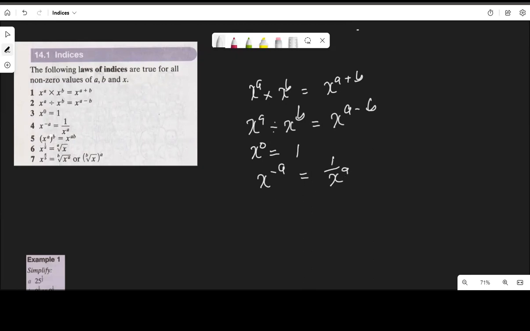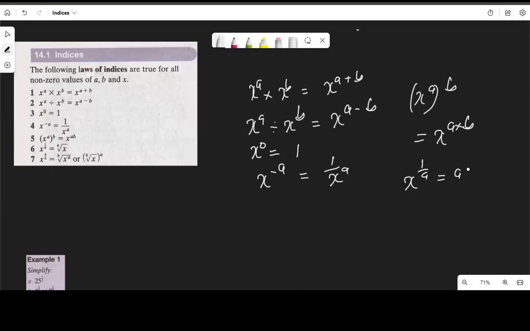And you have the product: x to the power of a, to the power of b, is x to the power of a times b, which is x to the power of ab. We also have the fractional index, x to the power of 1 over a is the ath root of x.